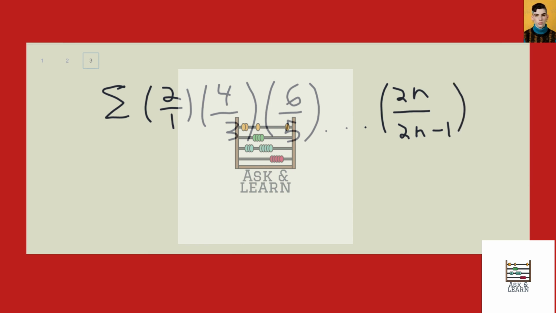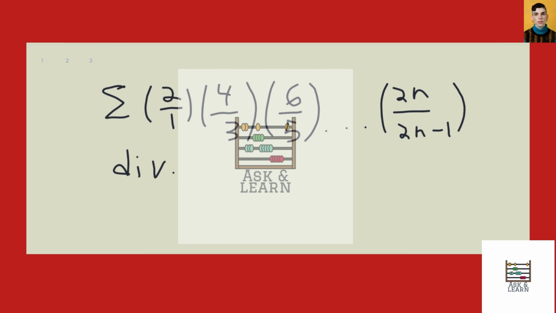And notice that each one of these terms is bigger than 1. So this whole thing has to certainly be bigger than 1. So in particular, it can't possibly go to 0. So these terms do not go to 0. If the terms don't go to 0, then we can't possibly get convergence.